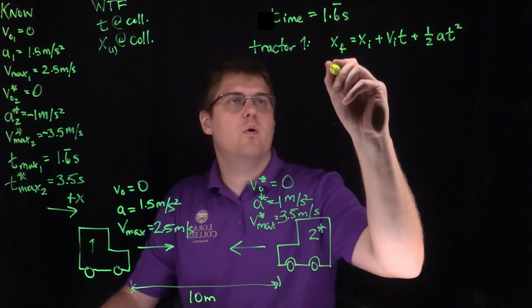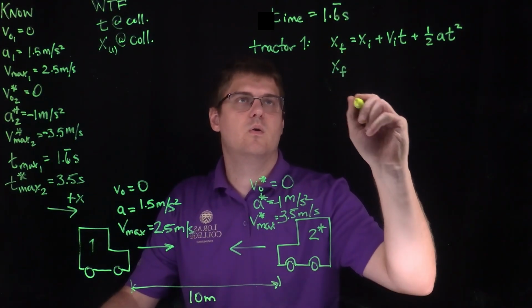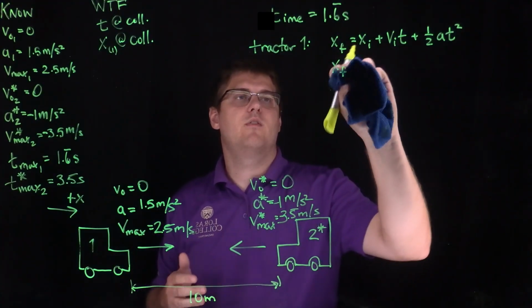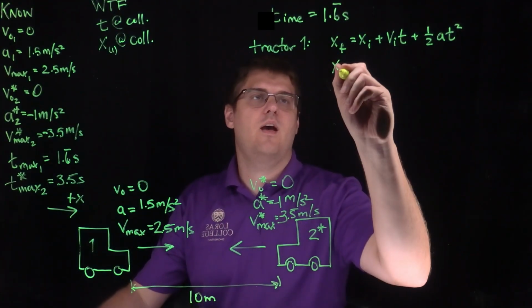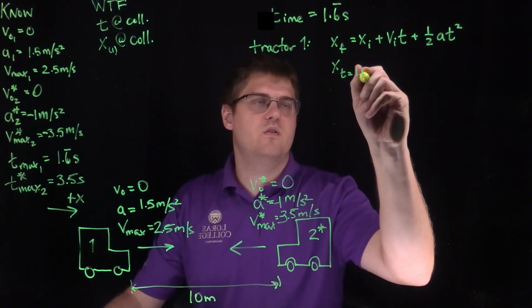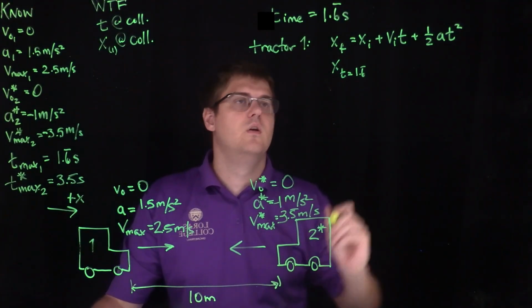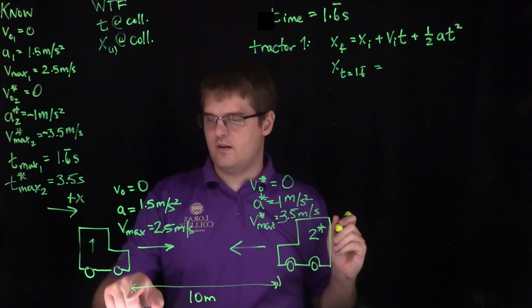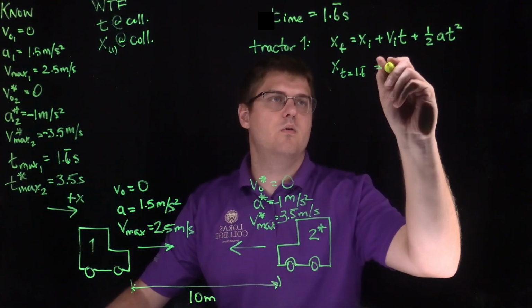X final is what I want to know. But this is really, instead of x final, we're going to say x at t is equal to 1.6 repeated seconds. It's going to be x initial. X initial is at position 0.